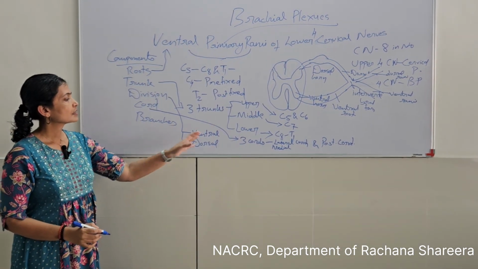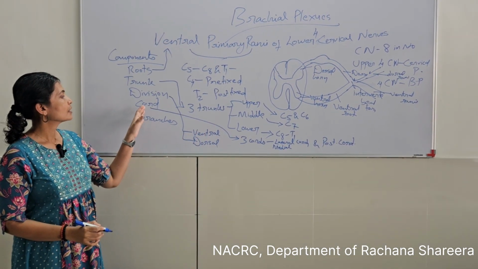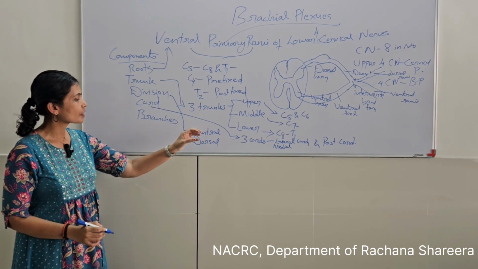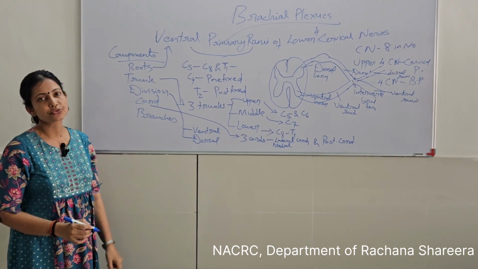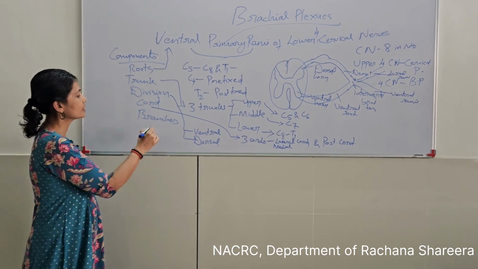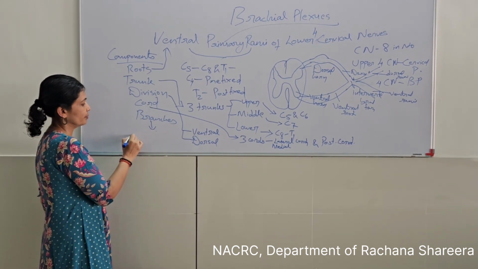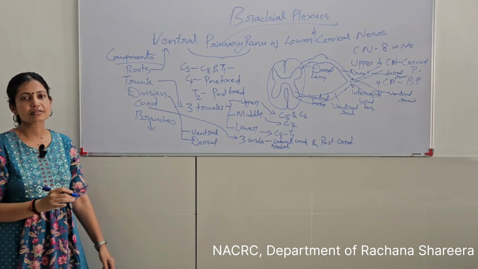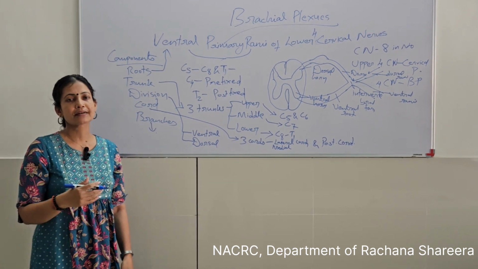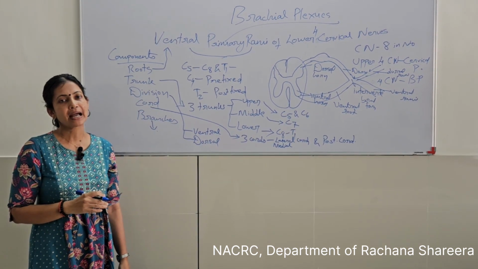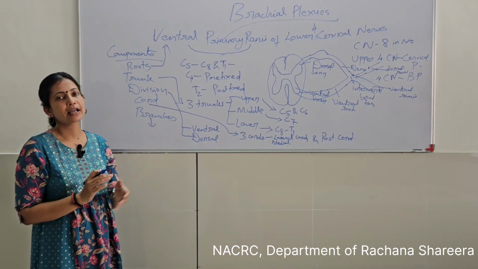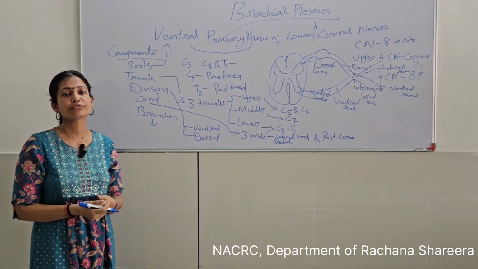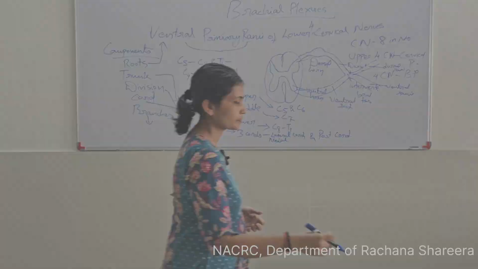Before that, just a brief regarding the cords. It has three cords: lateral cord, medial cord and posterior cord. And these cords again divide into different branches. They supply the upper limb as well as upper back muscles. So this is a brief idea about the components of the brachial plexus.